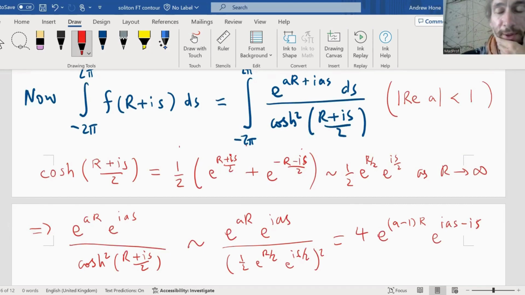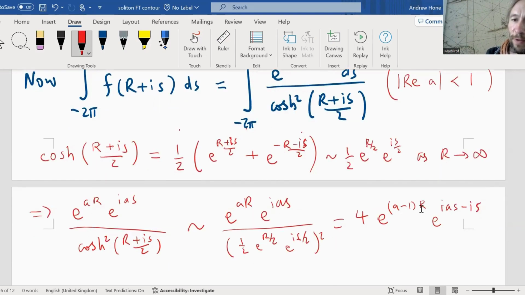Okay, so if a was real, this other term would be a complex number of modulus 1. But anyway, it's just some fixed complex number, for fixed s. What we're interested in is what happens when r tends to infinity. And the point is that if a has a real part between -1 and 1, then the real part of this thing, a minus 1, is negative.